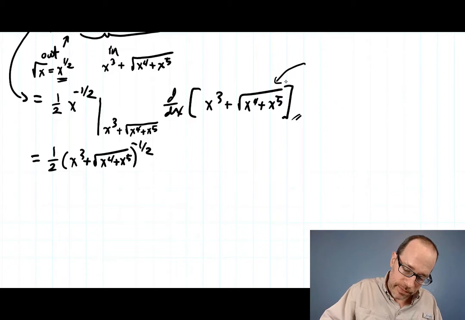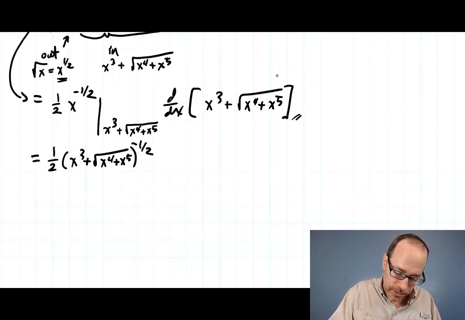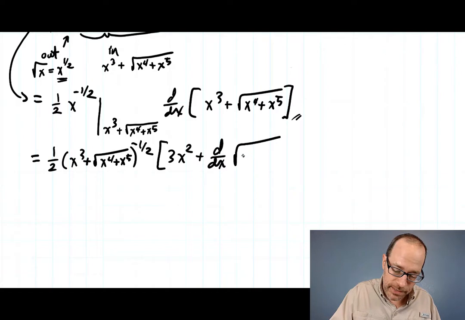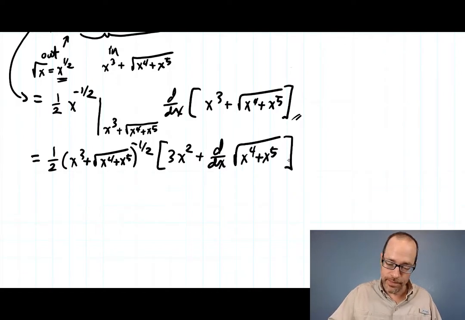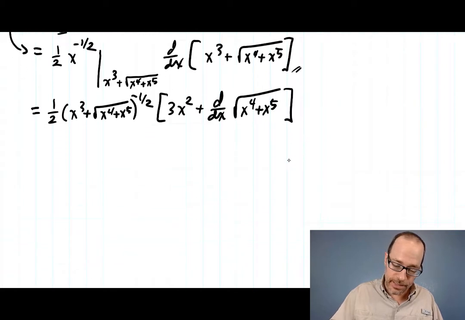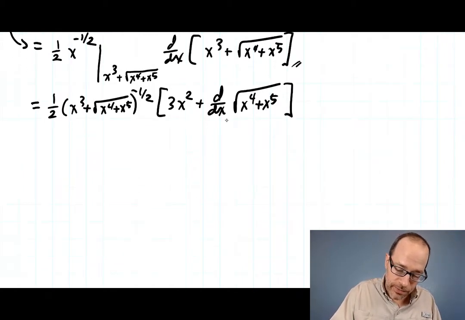So let's do it even slower. The derivative of a sum is the sum of the derivatives, so it's 3x squared plus whatever the derivative of this is. Now, to evaluate this last derivative, this is another chain rule problem.